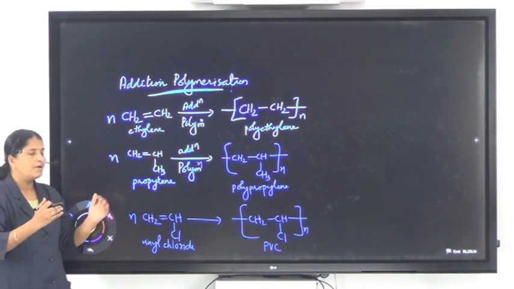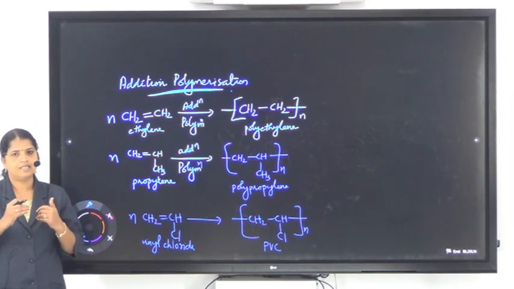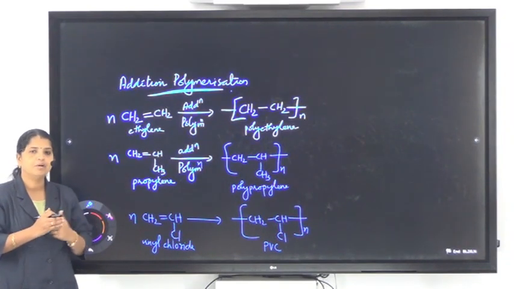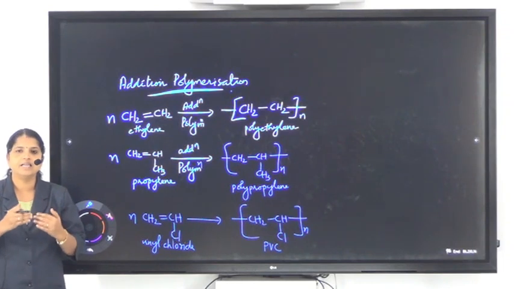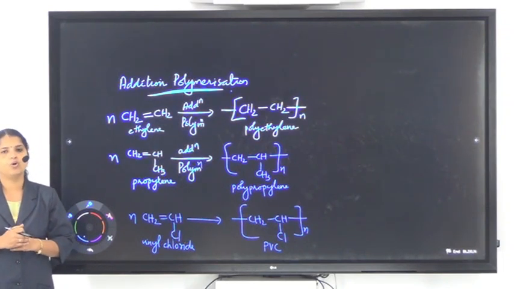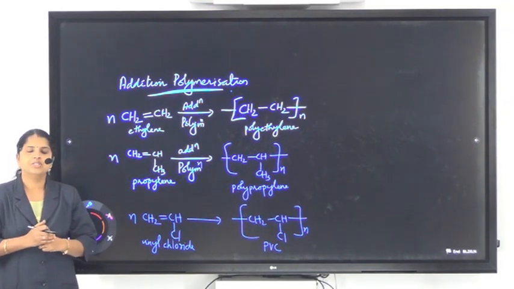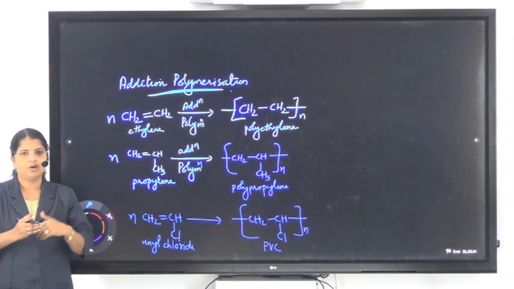Therefore, this type of addition polymerization is also known as chain growth polymerization. In this addition polymerization, there is no elimination of simple molecules. Therefore, we can say that the polymer formed is an integral multiple of the original monomer taken. Moreover, addition polymerization always leads to the formation of a linear structured polymer.